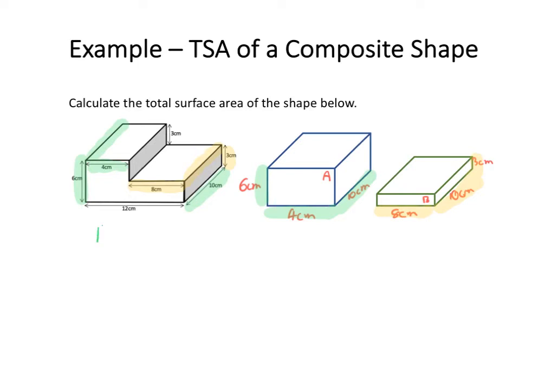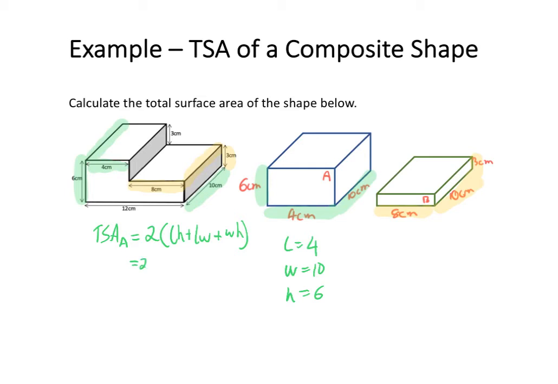So we'll start off by finding the total surface area of rectangular prism A, and our first step is to write down the formula. So 2 times length times height plus length times width plus width times height, and we'll define our terms. So our length is going to be 4, our width is going to be 10, and our height is going to be 6. So now we're going to substitute those values into our formula.